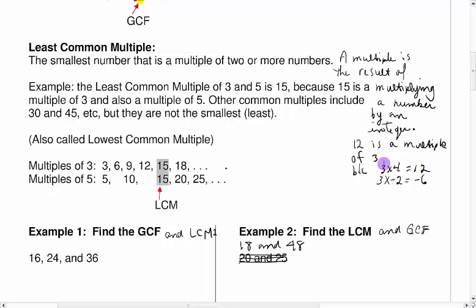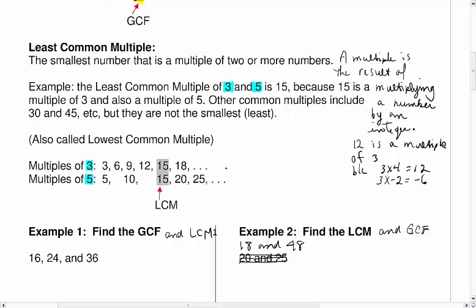So in this example, we are going to take a look at finding the least common multiple for 5 and 3, okay? And the way we do that is we list the multiples of those numbers, okay? So when we do our list for 3, we start at 3 times 1 is 3, 3 times 2 is 6, 3 times 3 is 9, 3 times 4 is 12, 3 times 5 is 15, 3 times 6 is 18.